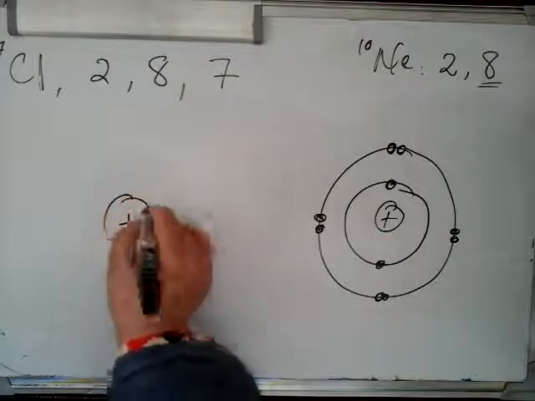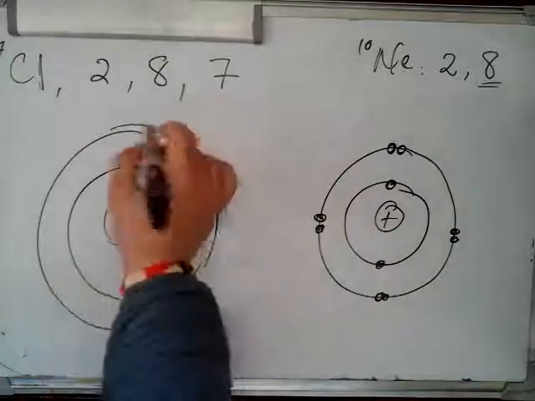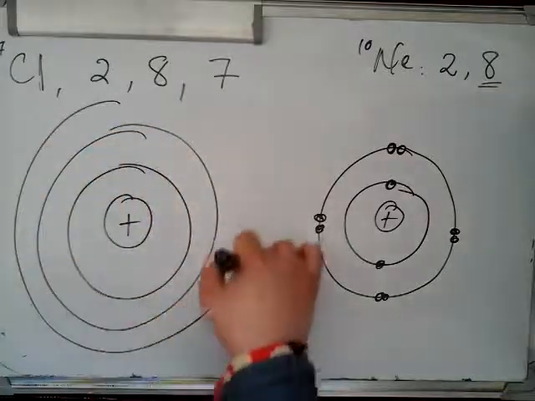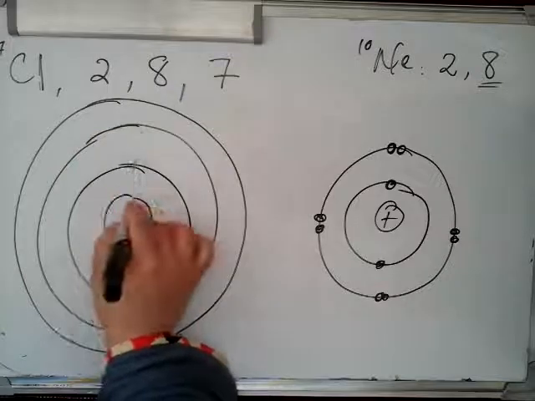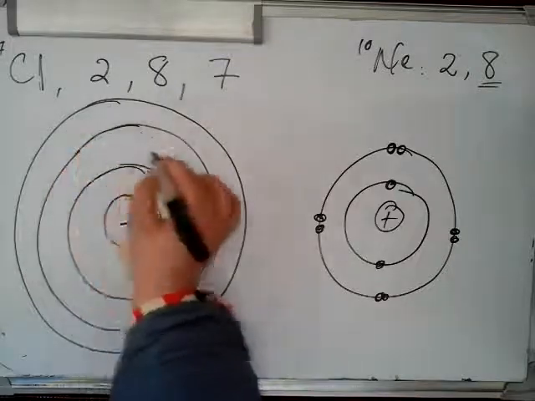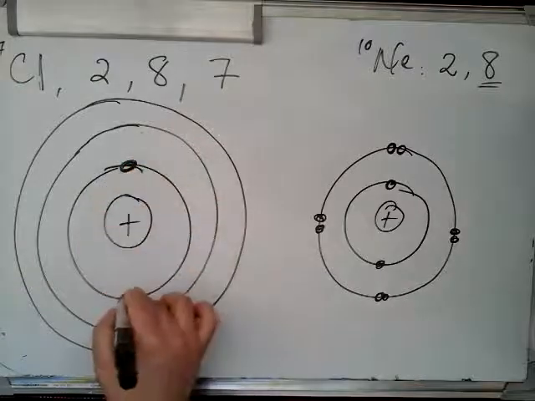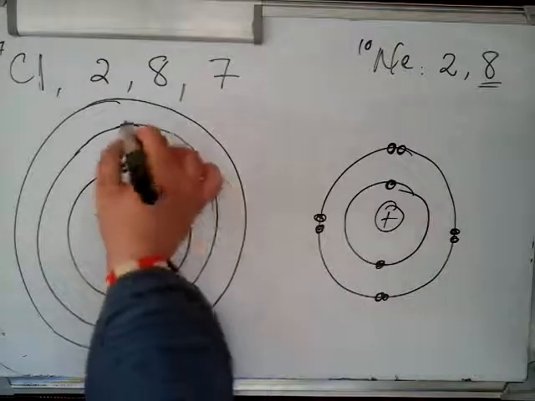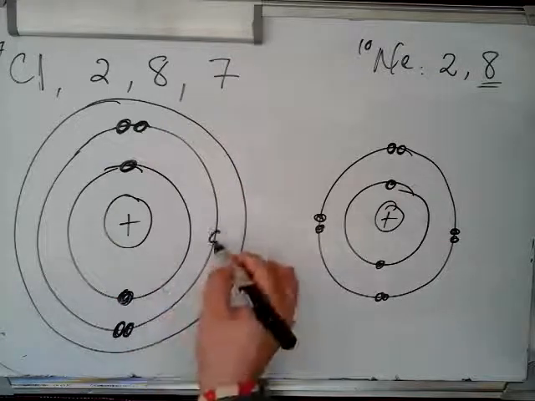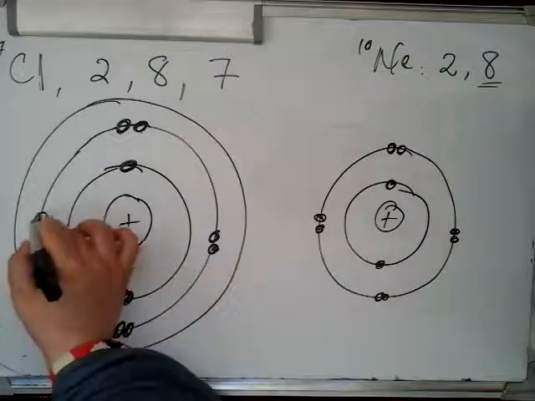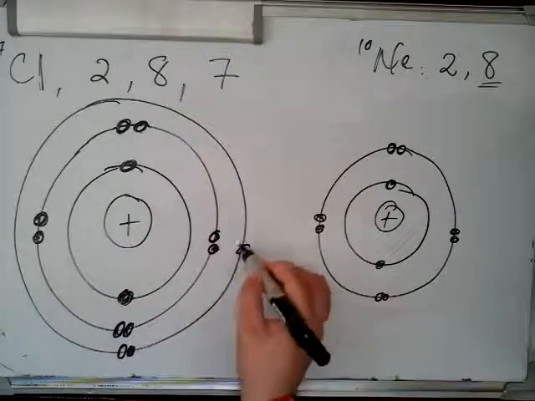So you will draw the nucleus and 3 shells: the first shell 2 electrons, the second 8, and the last shell contains 7 electrons.